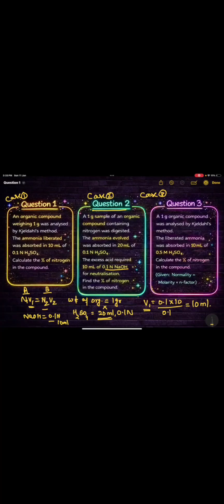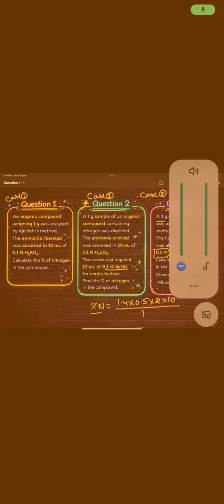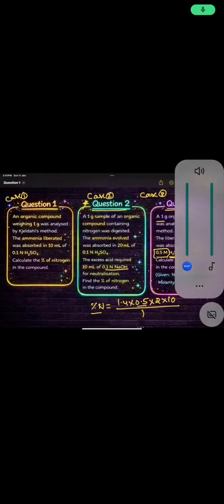So we are finding the volume of H2SO4 reacted, which equals the total volume minus left. Percentage of nitrogen equals 1.4 into 0.5, which is the molarity of H2SO4, in fact the normality for H2SO4 is 1, and the volume of H2SO4 used is 10 ml. If you do this, you will get 14%.